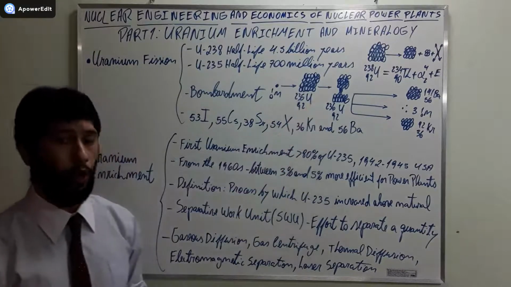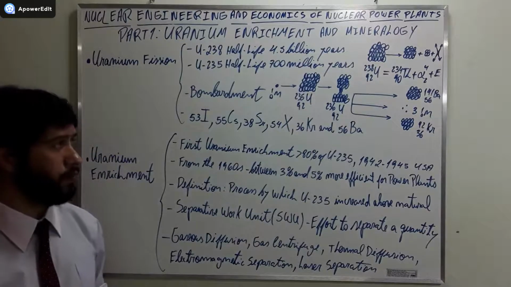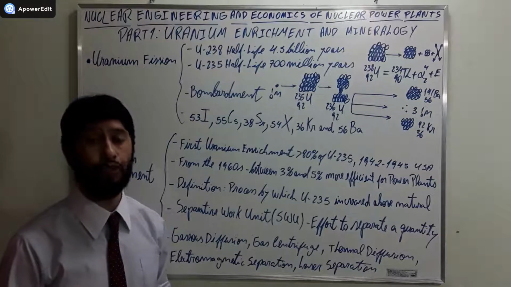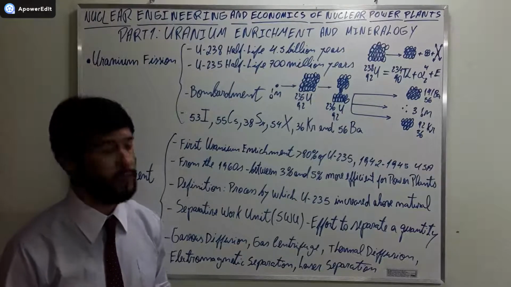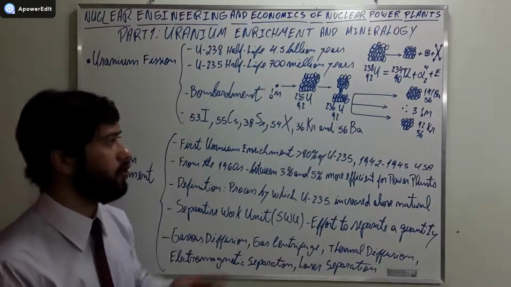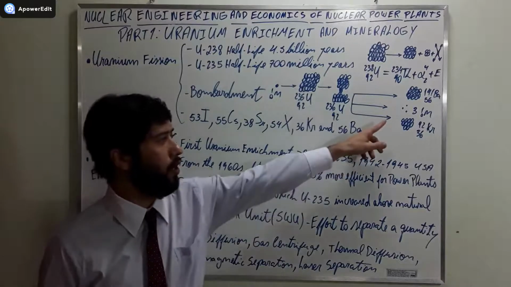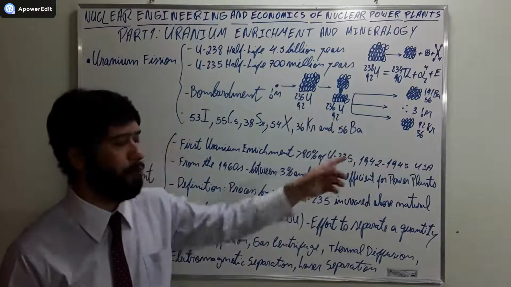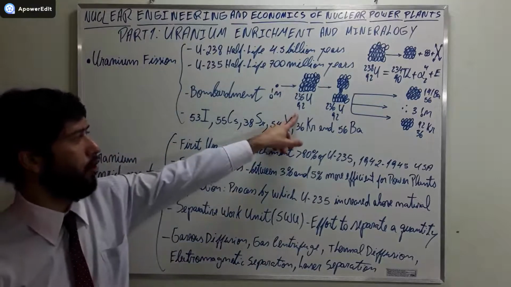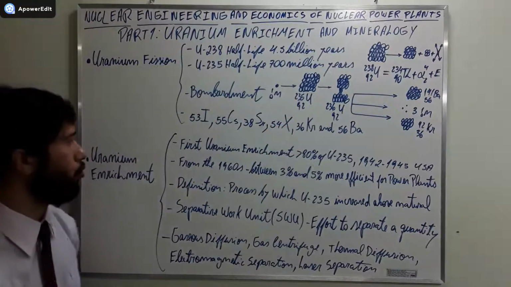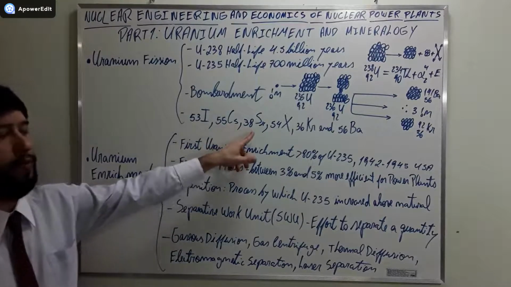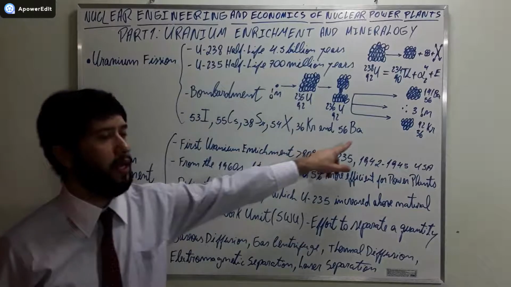The nucleus will shake and rattle until it becomes elongated enough for electrostatic repulsion to win over the strong nuclear force. In this example here, the atom of uranium has split into barium, 3 neutrons, and krypton. The process of fission of uranium-235 produces mainly iodine, cesium, strontium, xenon, krypton, and barium.